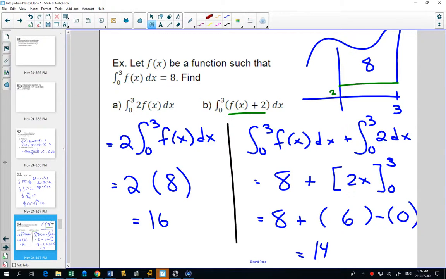Can you see that that would shift it up 2 units? Can you see that that would make a rectangle added on the bottom? What's the area of that rectangle? 6. And so now, does it make sense that the area under the curve, when it's shifted up 2 units, becomes 14? So we could understand this using transformations, or we could use the properties of integrals to help us see that.